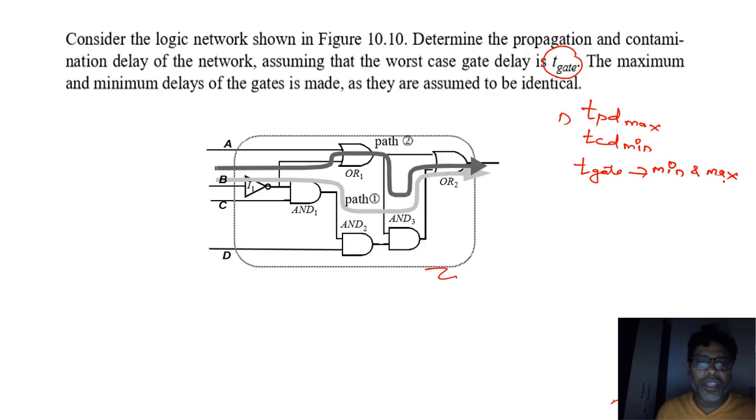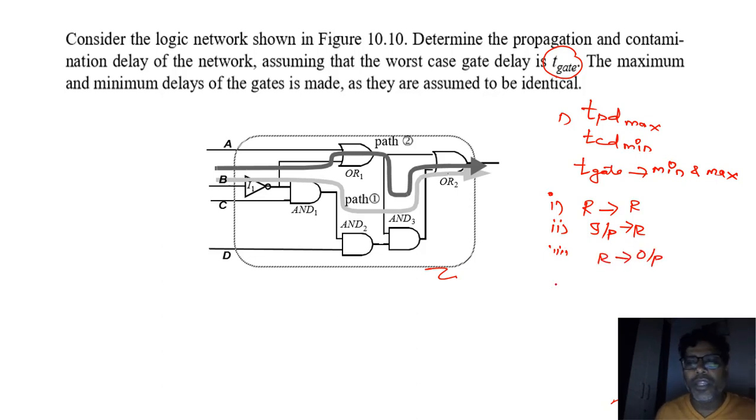First of all, you know what is a path? A path can be either of these four varieties. It could be between register to register, or input to reg, or it could be from reg to output.